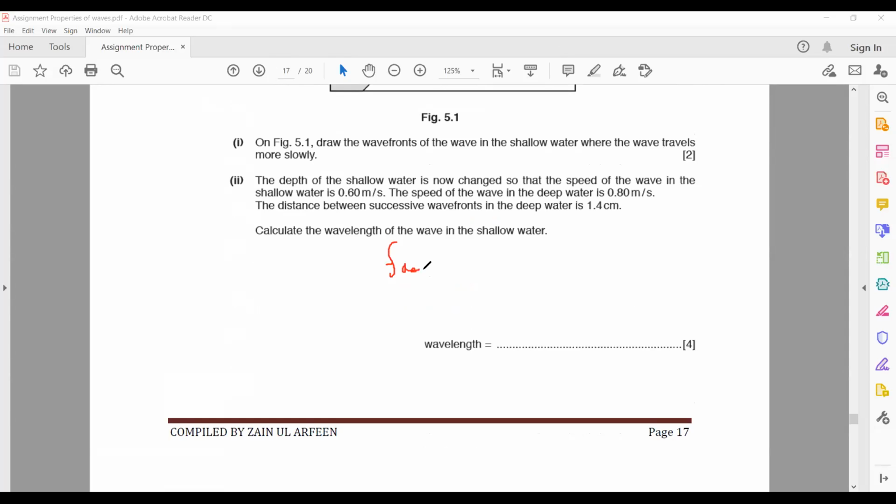Frequency in deep equals frequency in shallow. So frequency is speed divided by wavelength, also speed divided by wavelength. What is the speed in the deep region? The speed in the deep region is 0.8. So 0.8.